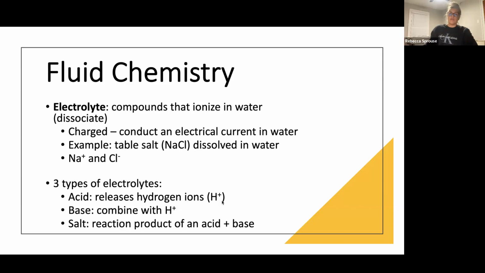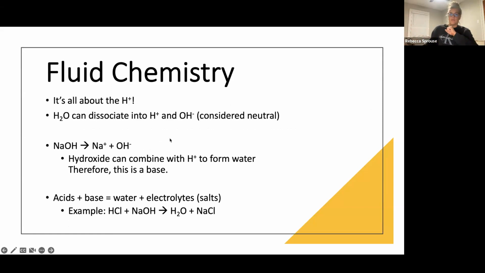An acid releases hydrogen ions into the environment, so it's acidic. Bases bind those up and take them out of the environment. And a salt is the reaction product of an acid plus a base, generating a neutral salt. Just keep in mind again that it's all about the hydrogen ions.